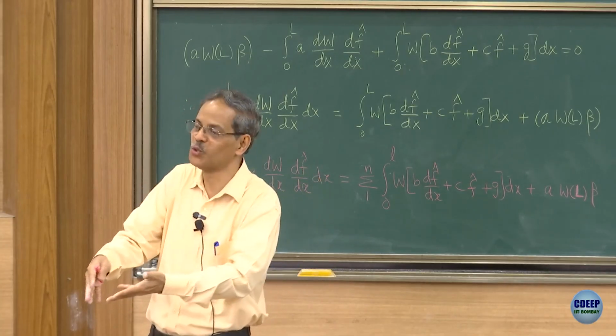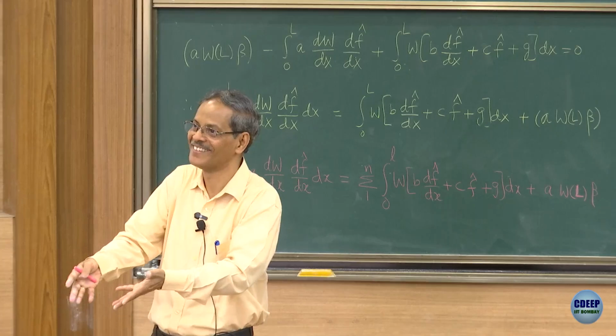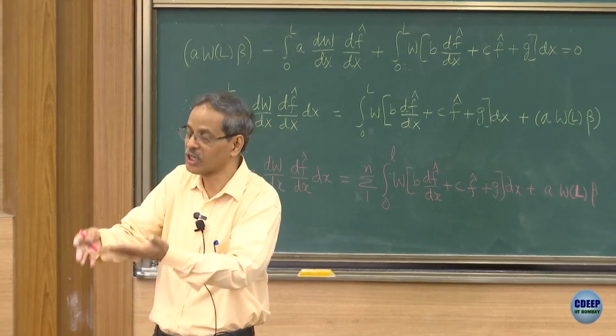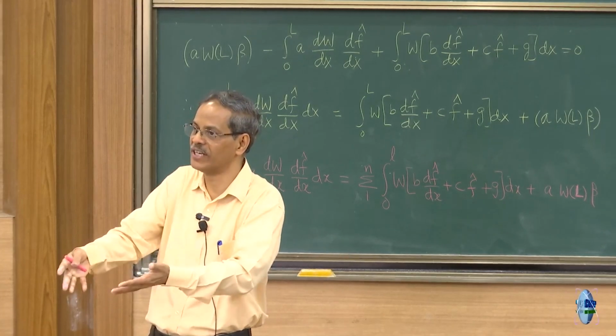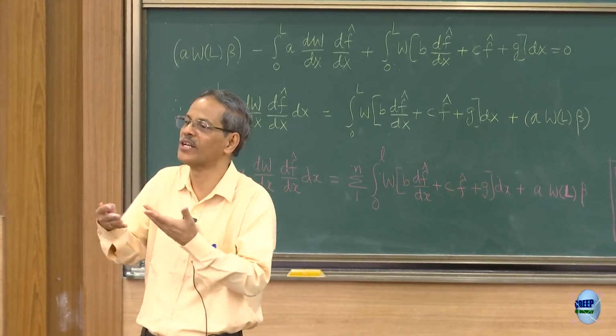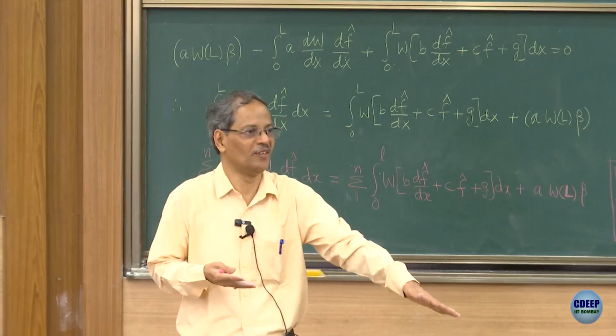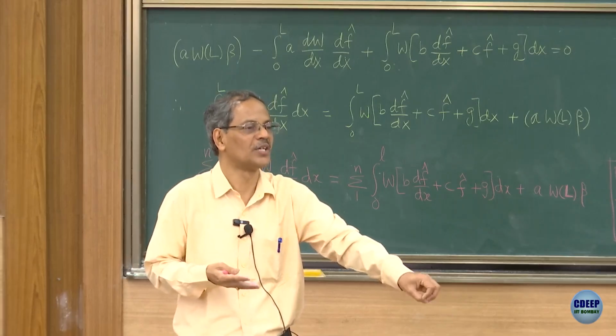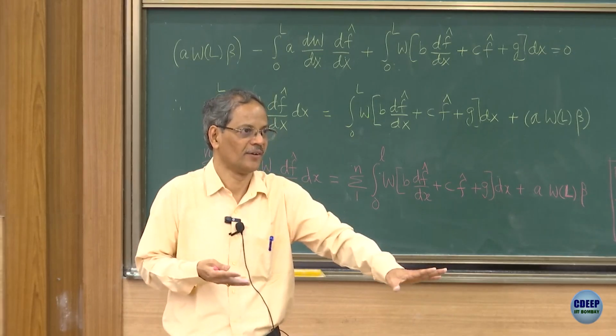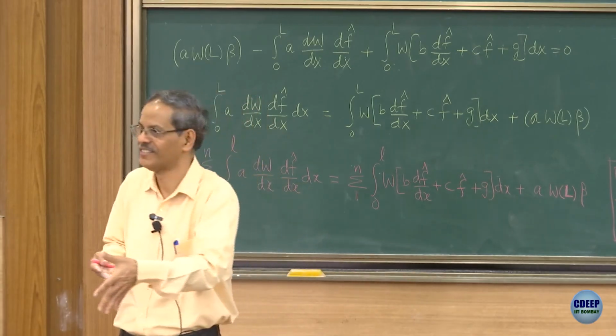There I could choose quadratic or cubic. So for sharper variations of the field variable, you could choose higher order shape functions. Where there is not so much variation in the field variable, I could choose linear. So I could change this.